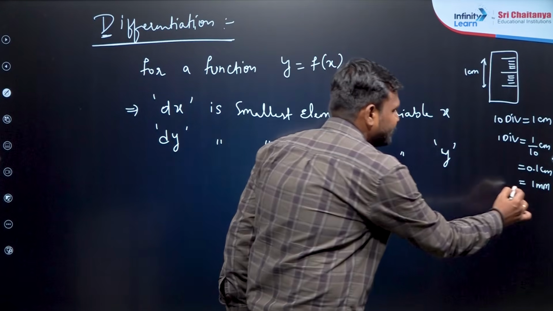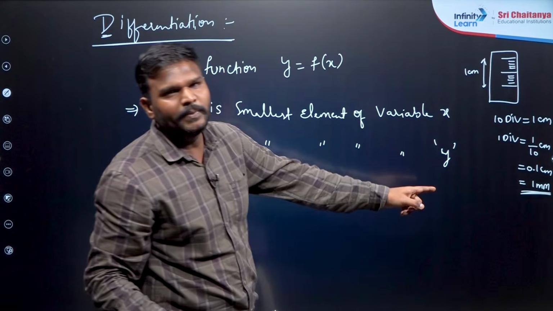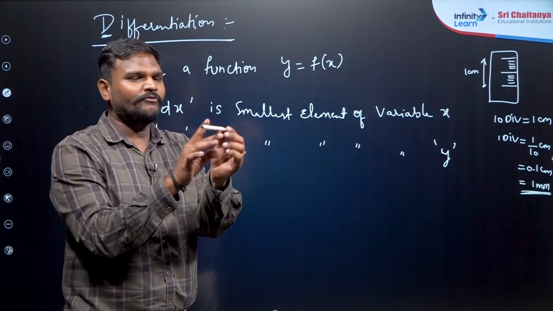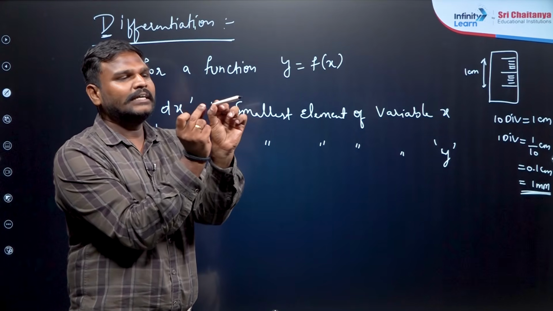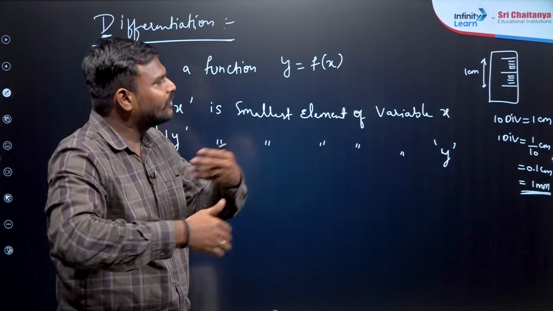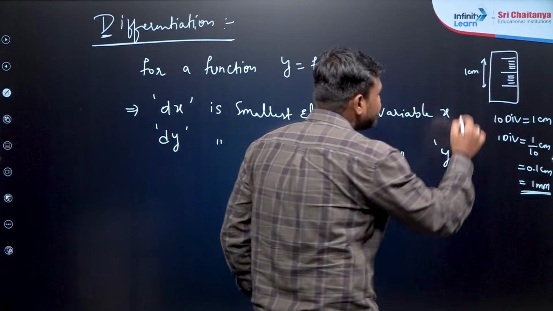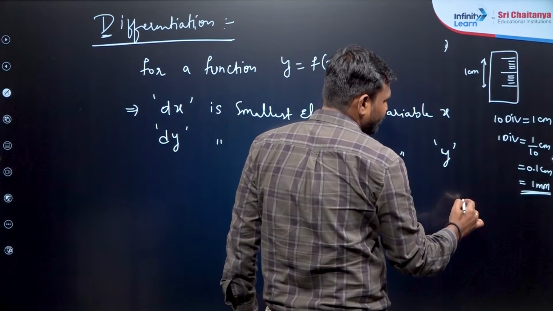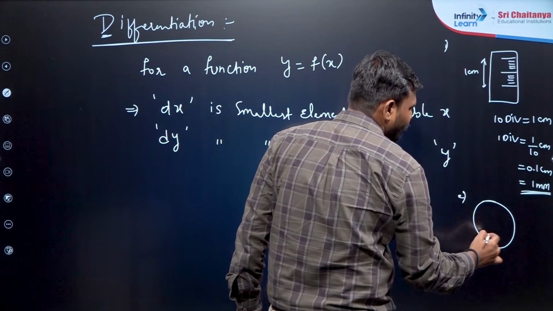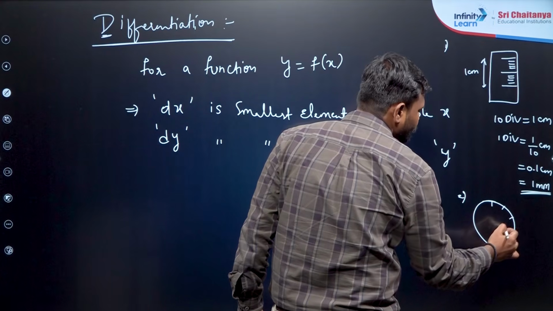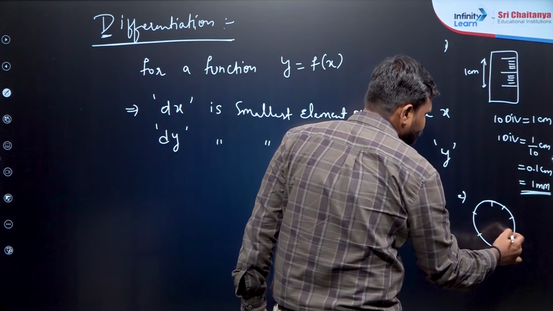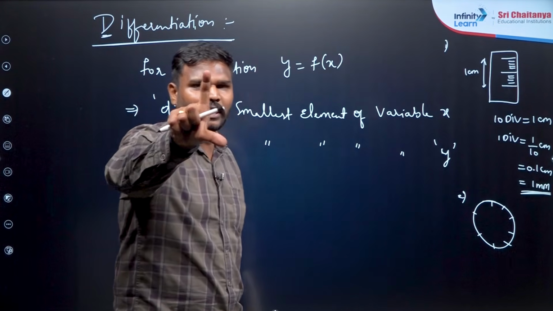In this case dx, the least count, would be 1 mm. So if variable x, then dx is the smallest element. I'll give another example. Let us say in terms of time, you have a watch, correct? Let us say a wall clock.